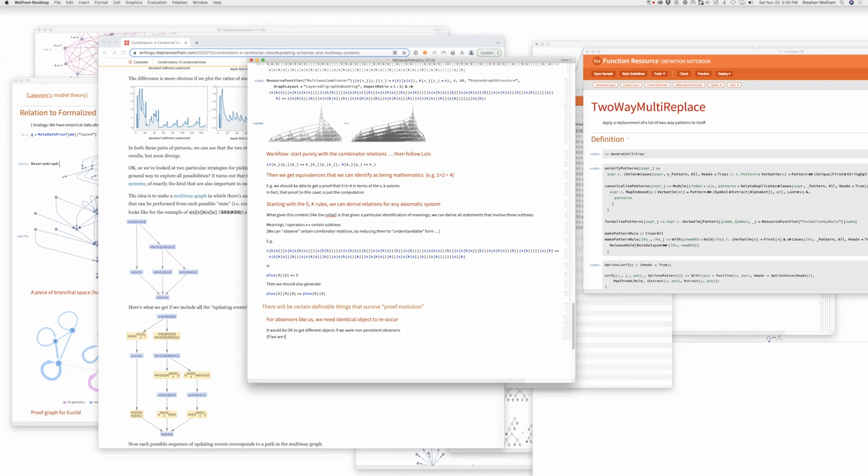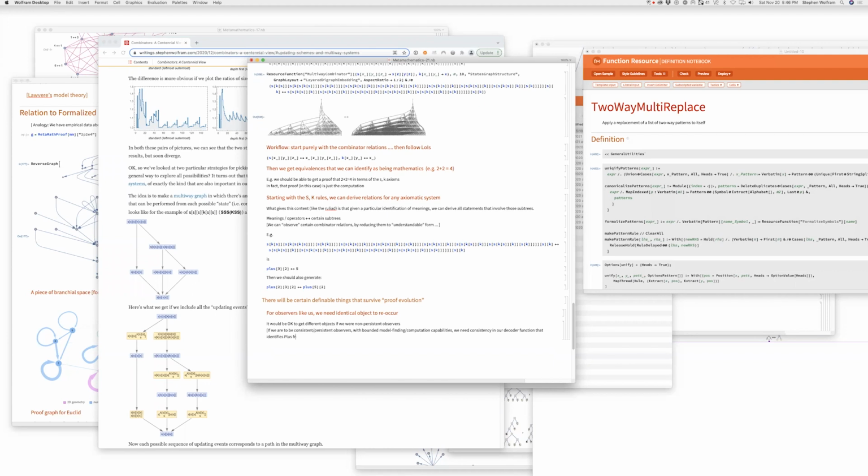If we are to be consistent and persistent observers, essentially with bounded model finding and computation capabilities, we need consistency in our decoder function that identifies plus from the soup of combinators.